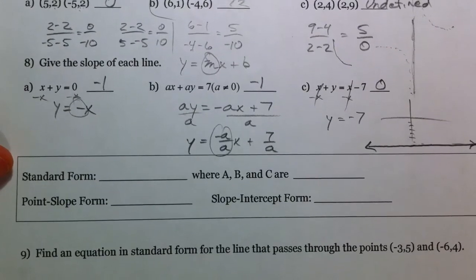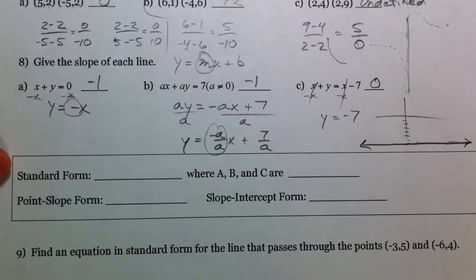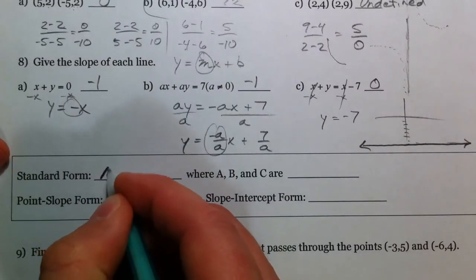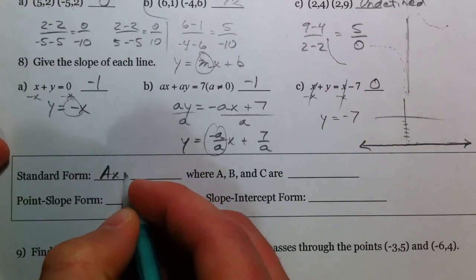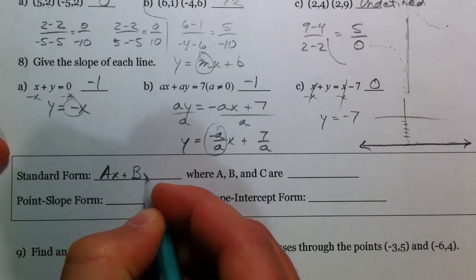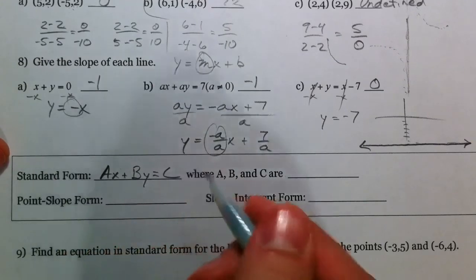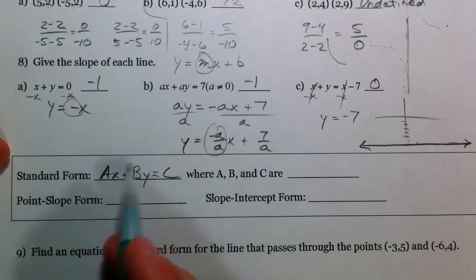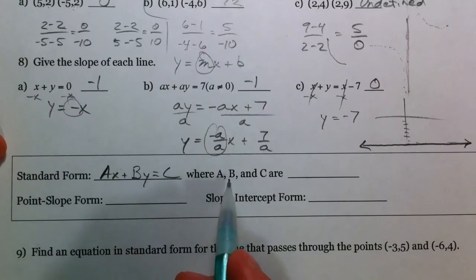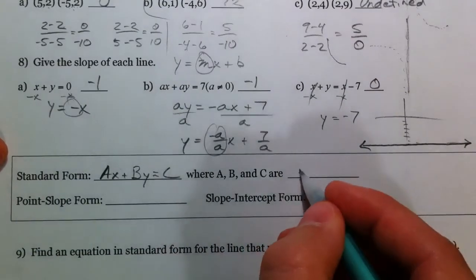Alright, so we have multiple different forms that help us write equations of lines. Standard form is ax plus by equals c. This is where x and y are on the same side, and we say specifically that a, b, and c are integers.